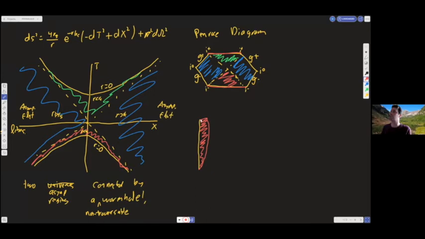So there's some region where all that matter is. And then it collapses to a singularity. There's a horizon. And okay, I'll expand my matter here some. Okay, like that.